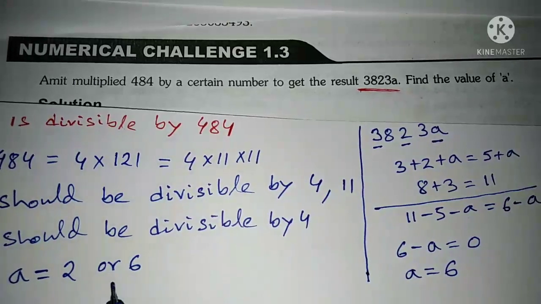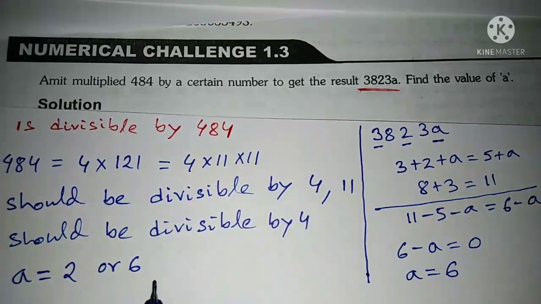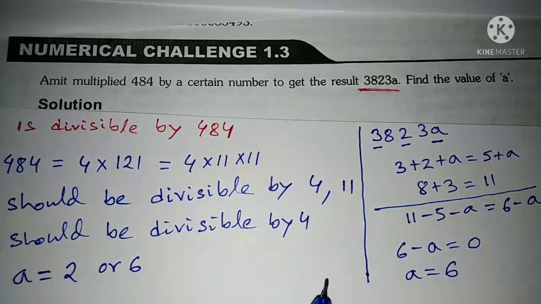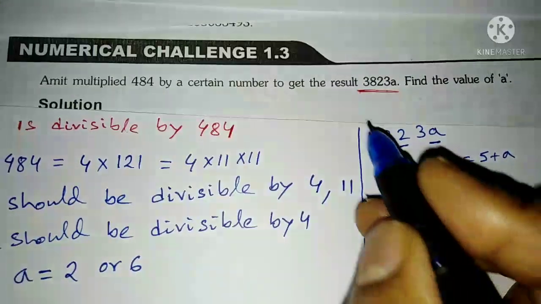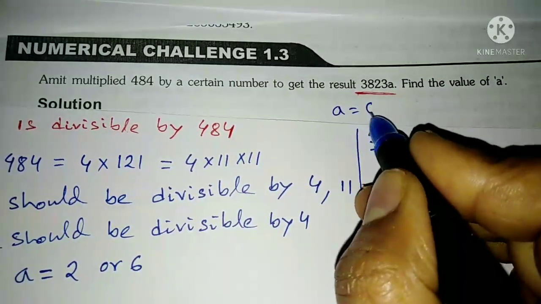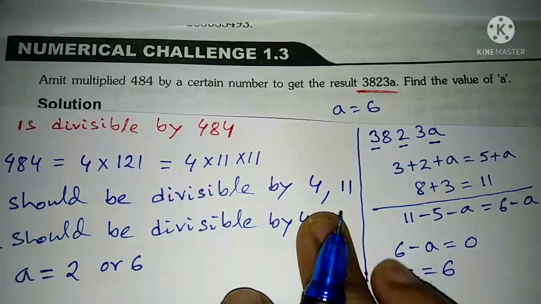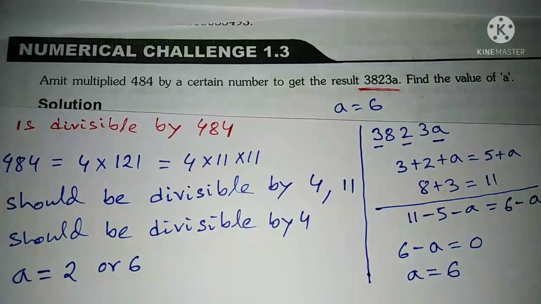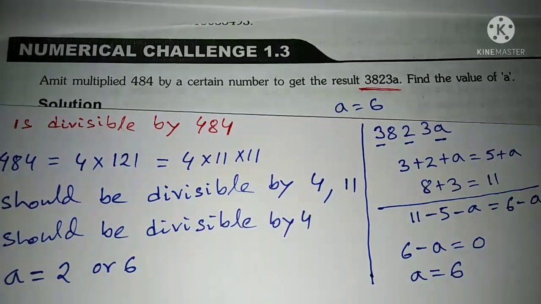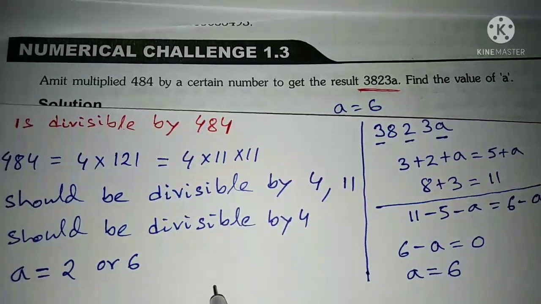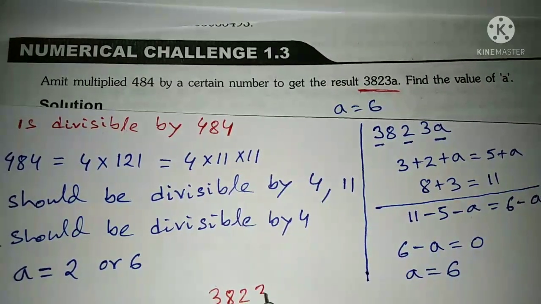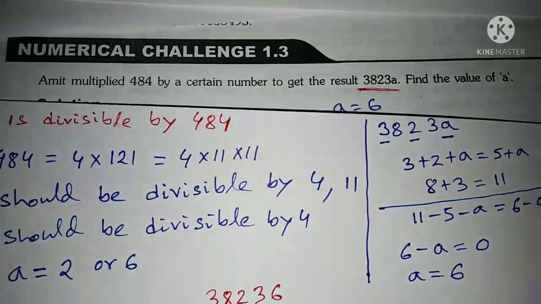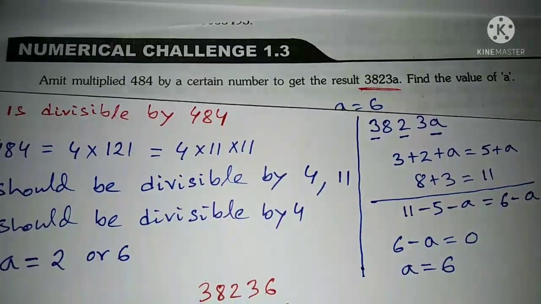A equal to 6 is satisfied in both conditions, divisibility by 4 and by 11. So the given number will be 38236. This is the number which is divisible by 484.